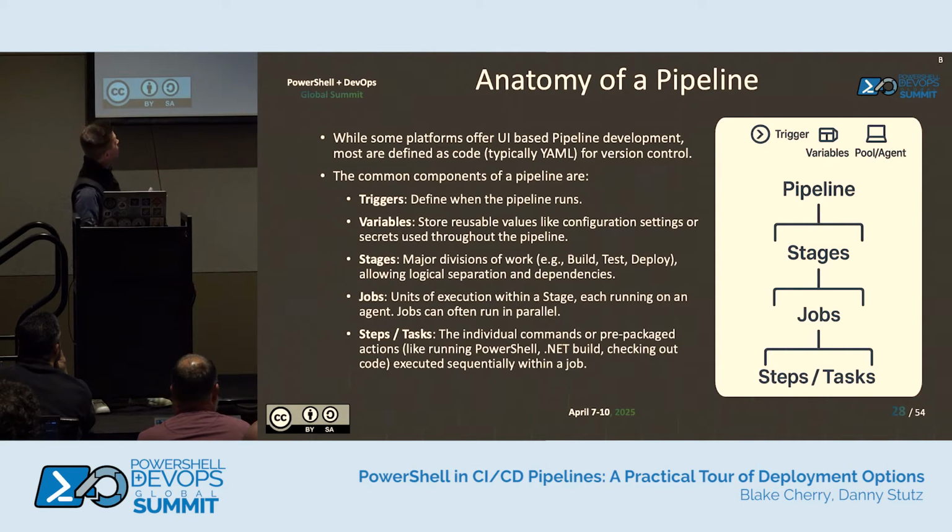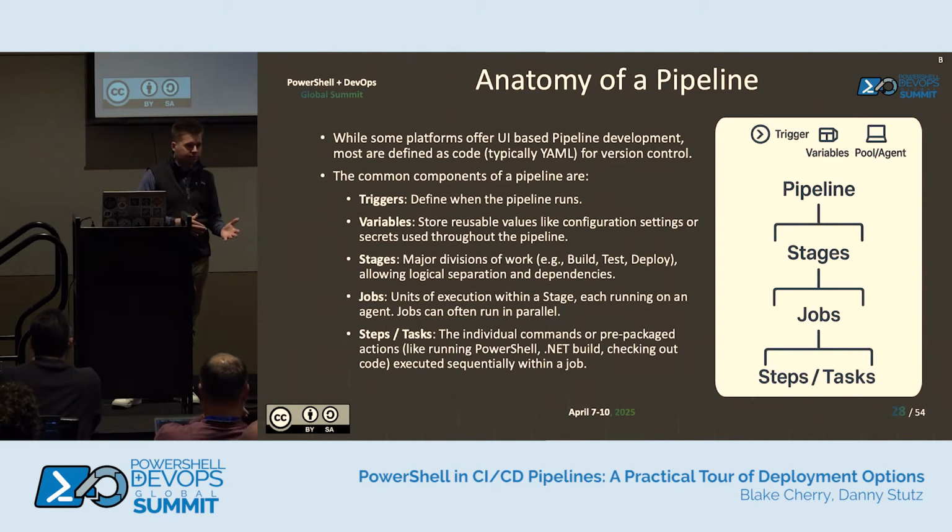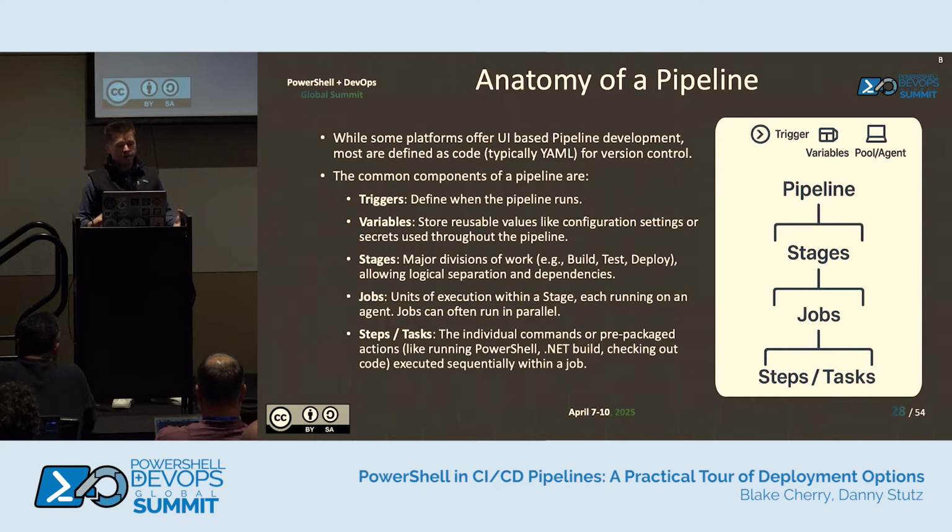But the common components of a pipeline, things that you need to consider as you actually write the file, are first the triggers. So what is kicking off the pipeline? As Danny mentioned, depending on the platform, you have different options of what that trigger could be. Maybe it's a schedule, like a scheduled task would run off, but most commonly we see these triggers being code commits or pull requests, things that are event-based in your repository.